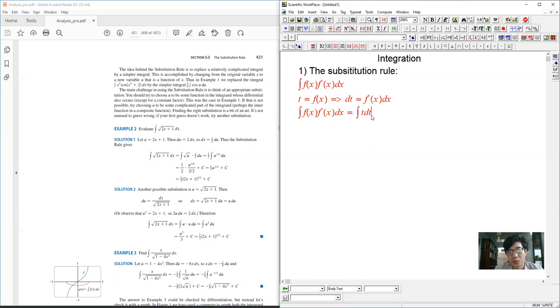And we could integrate this by the formula t squared over 2.